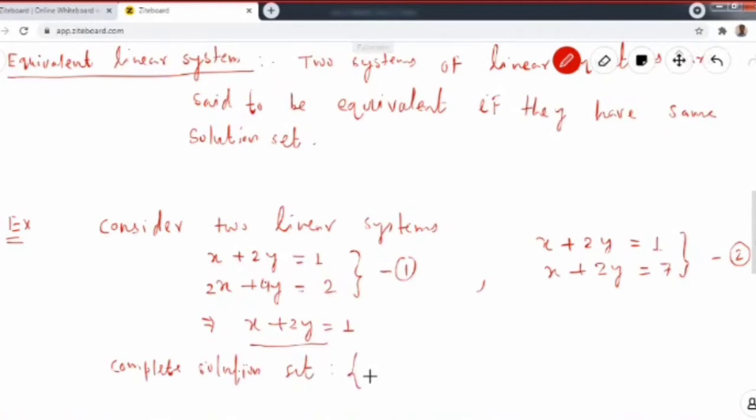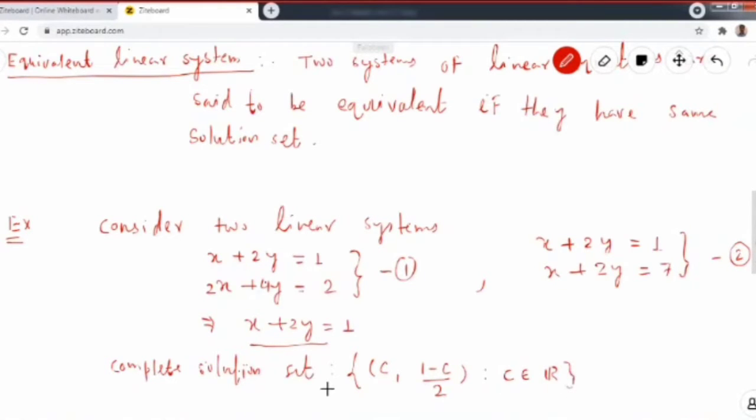In fact, in this case, if I write the complete solution set, you can see that if you give any value for x, then the y value we can find from here. So any solution is of this form (c, (1 minus c)/2), where c is any real number.